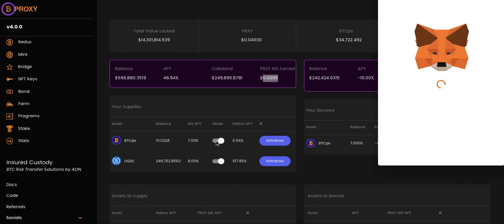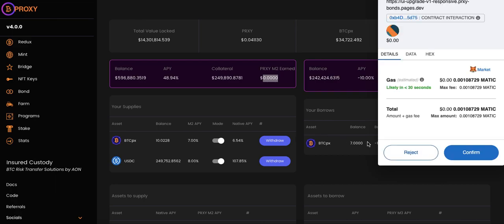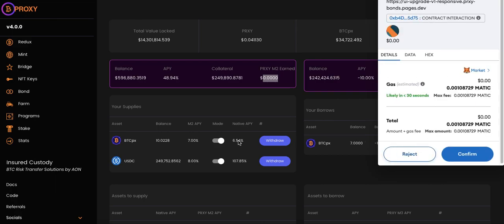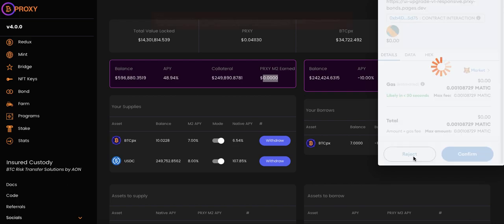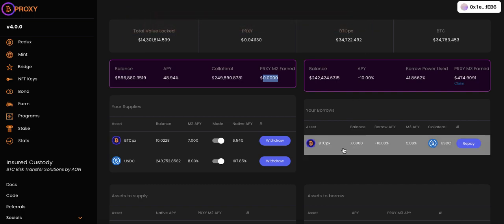And if I click that toggle, it opens up MetaMask to switch the mode. If you switch the mode, the native interest that you were due to receive is distributed to the ones that didn't switch, which will boost the native APY. We'll just close that out.